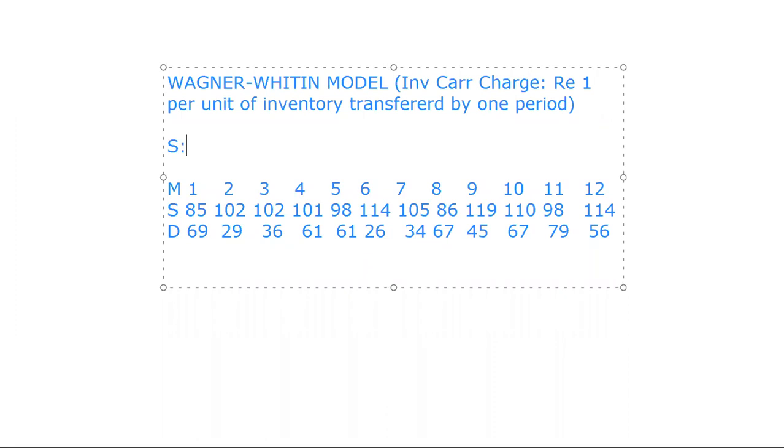S is setup cost and D is demand. So S is my setup cost and D is my demand. And I have assumed in the Wagner Whitin model that the per unit production cost is the same.